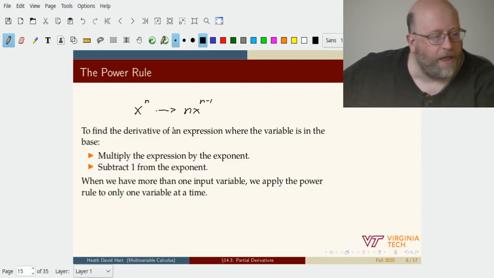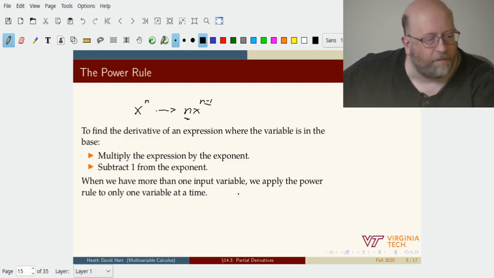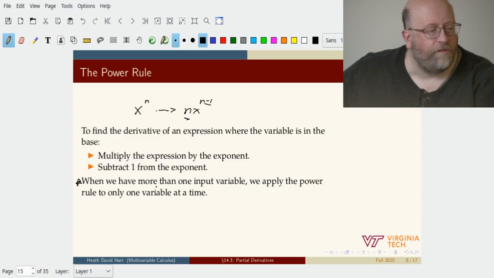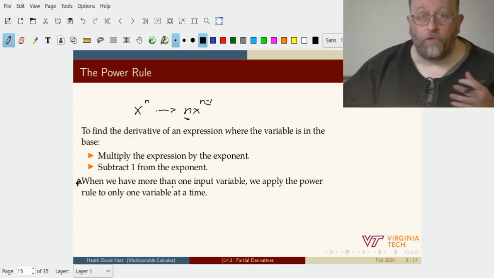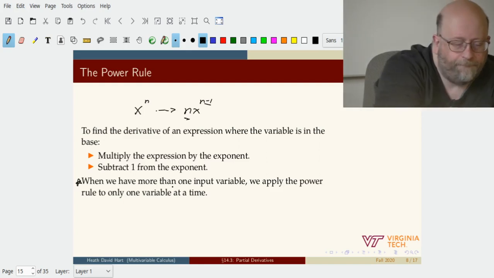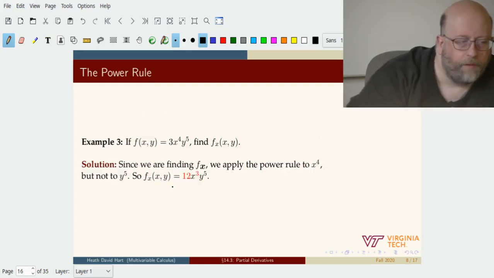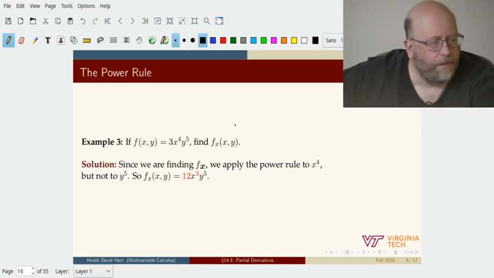So we multiply the expression by the exponent, and then we subtract 1 from the exponent. So now in 3 dimensions, where we have more than one input variable, we apply the power rule just to one variable at a time. Okay? So, a bunch of examples real quick.